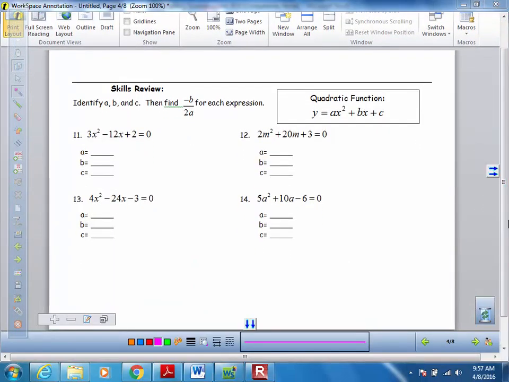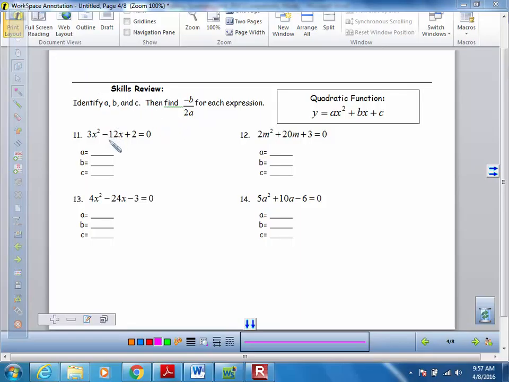Now, we have done kind of this with our factoring quadratic equations test. This time, instead of doing the whole quadratic formula like we did, we're only going to do negative b over 2a.